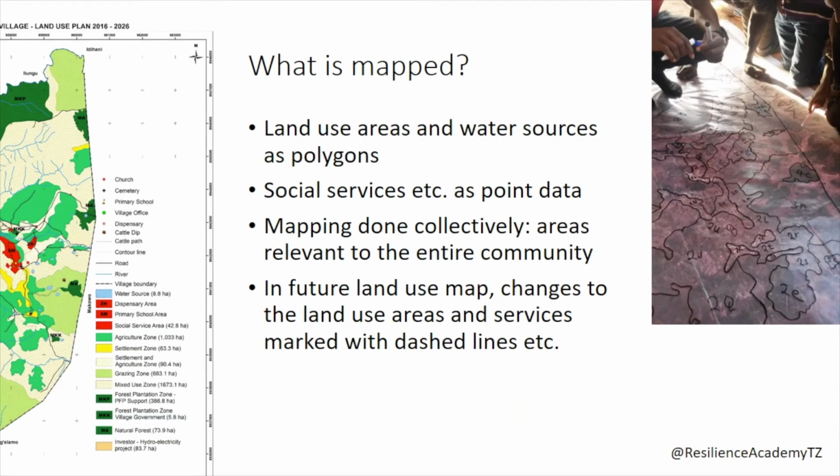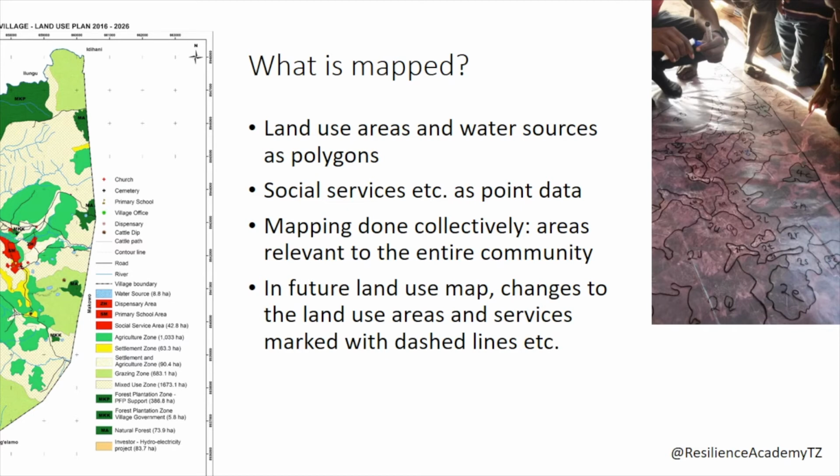In the Tanzanian village land use planning process, the mapped information follows the national planning system standards and includes land use areas and water sources as polygons and social services as point data. In the left side, you can see an example of a village land use plan and the land use categories that are mapped into it.